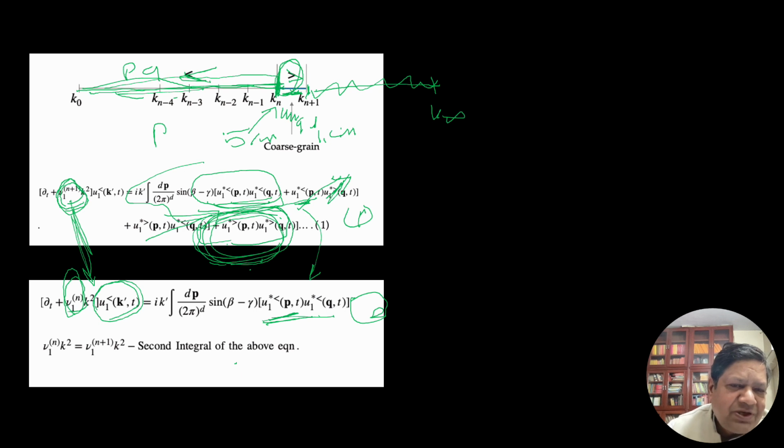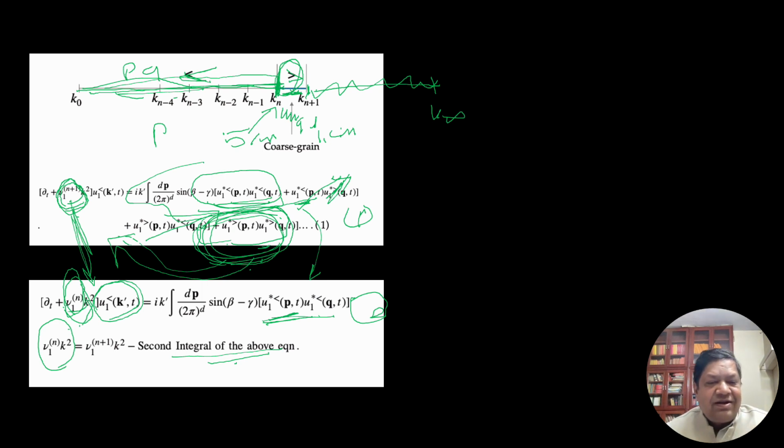So basically my new viscosity, nu 1 n k squared, is this component, and I take this to the left hand side. Okay, take it to the left hand side. So the second integral of the above equation, this one. By the way, there is an integral here. So this integral continues for all of them. Well, I am ignoring this, so I am calling it first and second. The second integral goes to the left hand side.